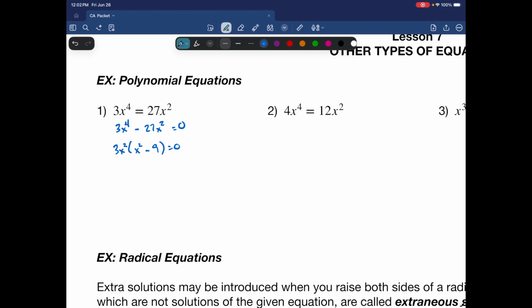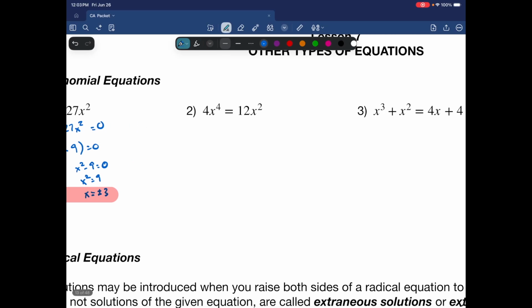So you got 3x squared equals 0 and x squared minus 9 equals 0. Divide by 3, you get x squared equals 0, so x equals 0. X squared equals 9, so x equals plus or minus 3. That's your answer: 0 and plus or minus 3.